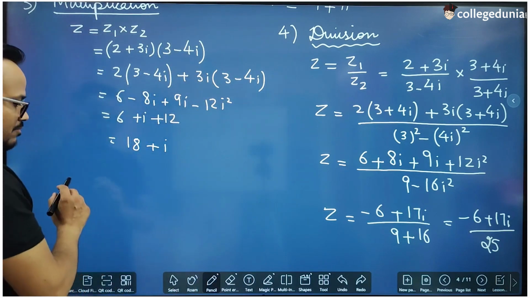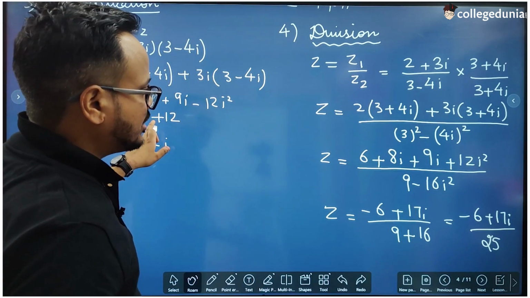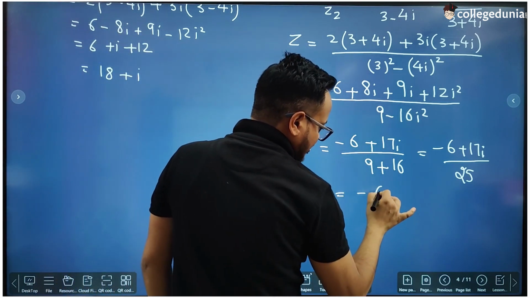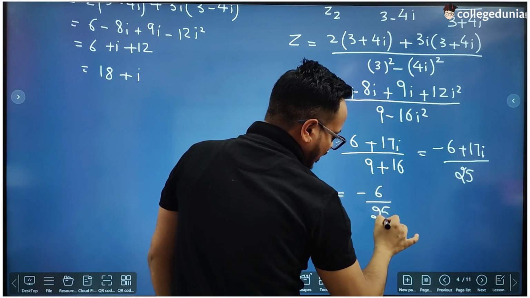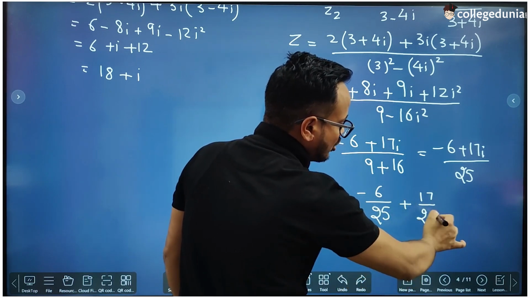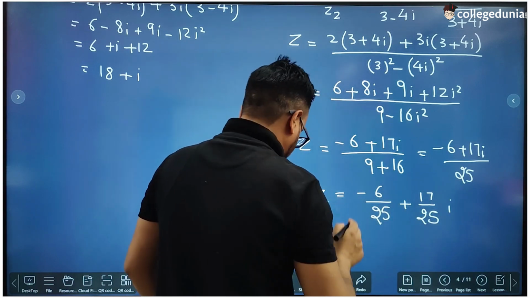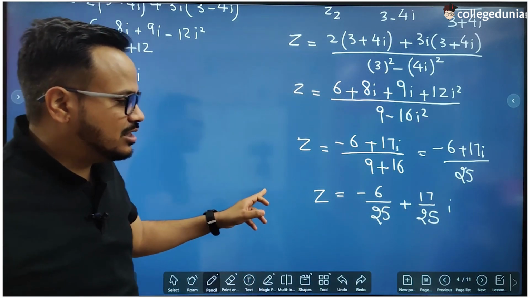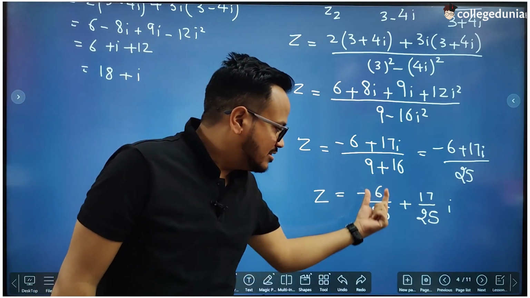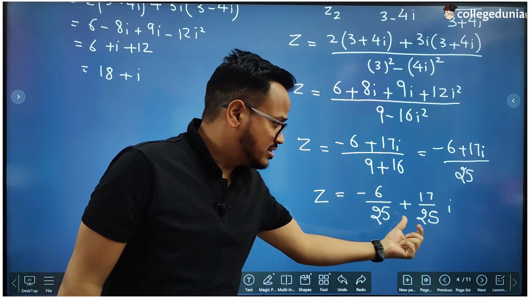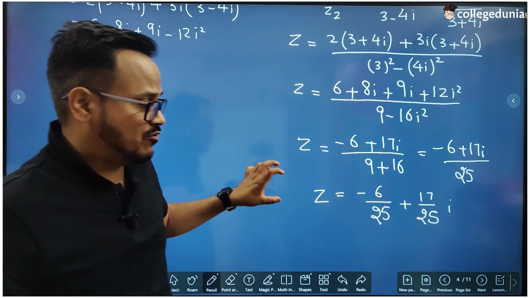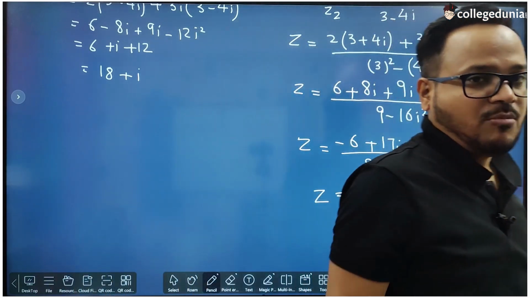And this can be written in the form minus 6 by 25 plus 17 by 25 i, and you can clearly see that this complex number is now in its standard form, because this is the real term plus this is the imaginary term with a single i. So this complex number is in the form of x plus iy, which is the standard form of a complex number.